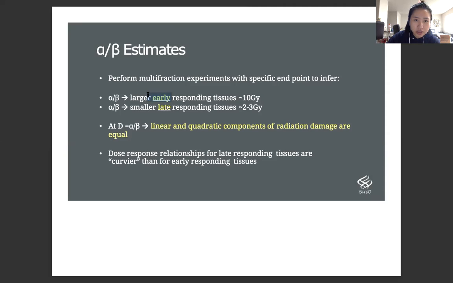If it's mentioned early, you gotta use 10 gray. If it's late or slower responding tissues, 2 or 3 gray is standard. Ideally, I would say 3 gray would be the number that we want to use in that problem. At D equal to alpha over beta, the linear and quadratic components of radiation damage are equal.